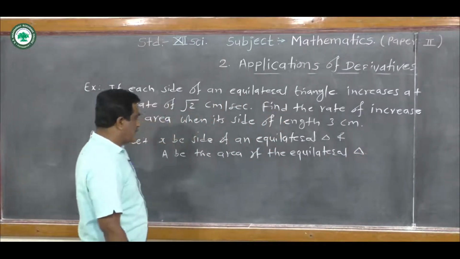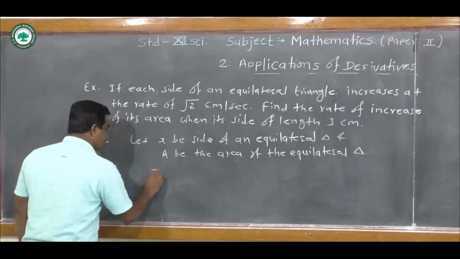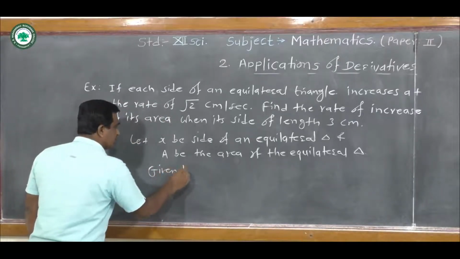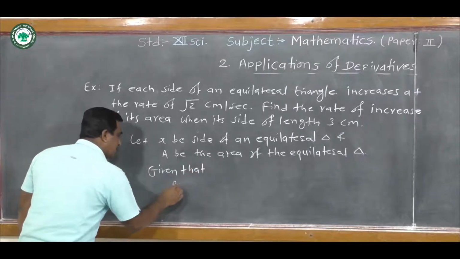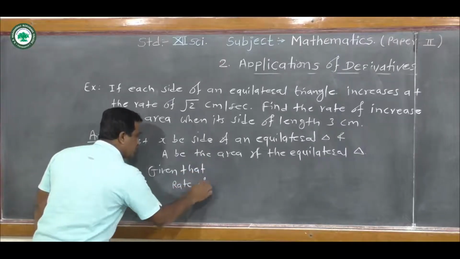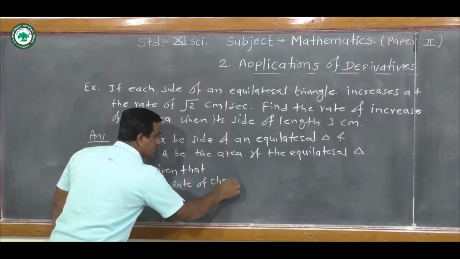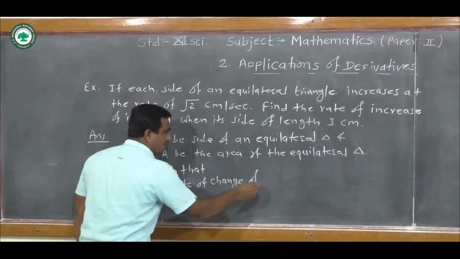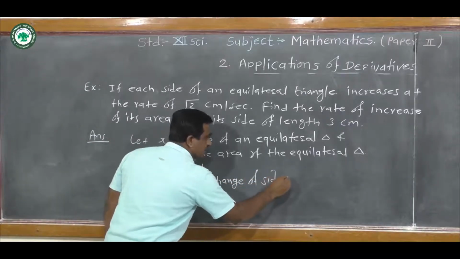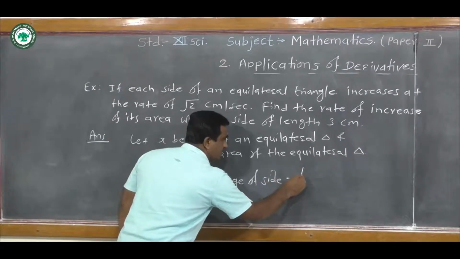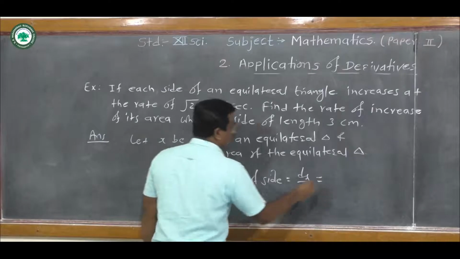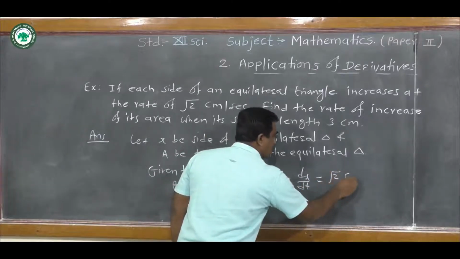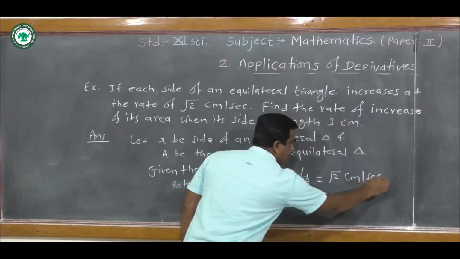Okay. Now given that, first, the rate of change of side is dx by dt is equal to under root 2 centimeter per second.